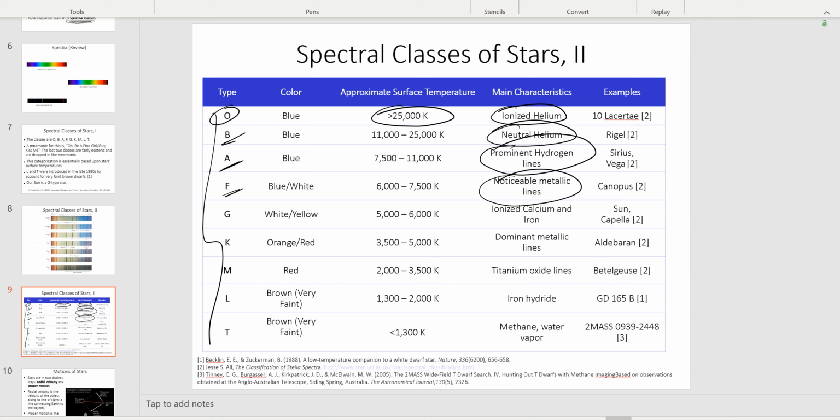You start to get ionized and neutral metals here. Same with G-type stars. K-type stars are dominated by metallic lines, primarily neutral metals. And then in M-type stars, we even get some molecular lines like titanium oxide, which is a metal. So these characteristics here are not completely thorough. These are just some of the characteristics, but hopefully this gives you a decent overview.